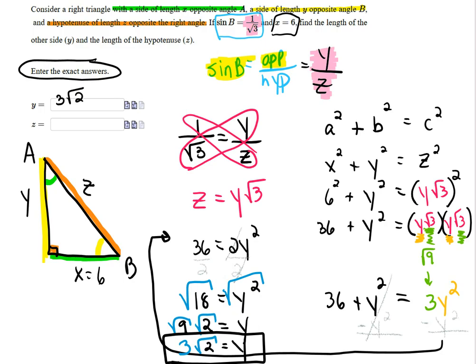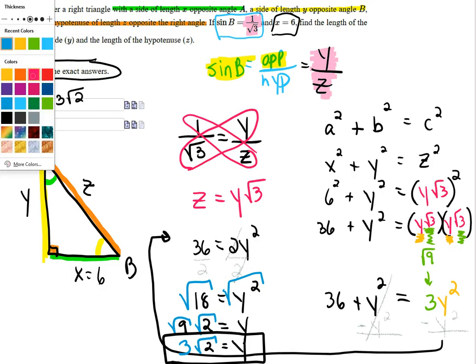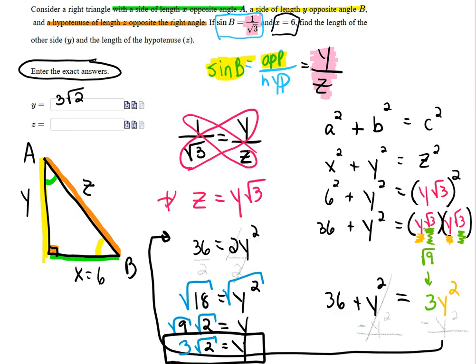And then z, where is it? Oh yeah, that was in pink right here. z is going to equal whatever y is times the square root of 3. So I'm going to come down here. z is going to equal y, and y was 3 times the square root of 2, and you're going to multiply that times the square root of 3.